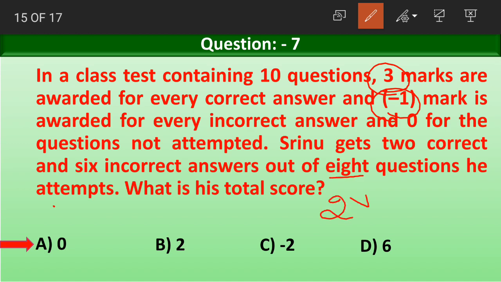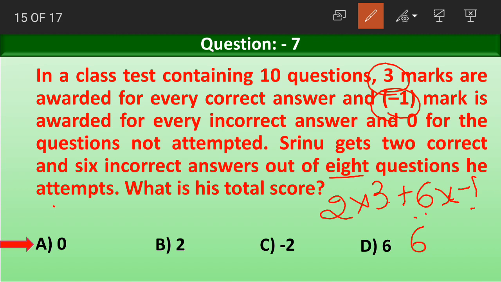We have to multiply 2 into how many marks for each correct answer? 3. Then plus he got 6 incorrect answers, right? 6 into how many marks for each incorrect answer? -1. 6 into -1. What is the product of 2 and 3? The product of 2 and 3 is 6. And then we have plus 6 into -1 here.